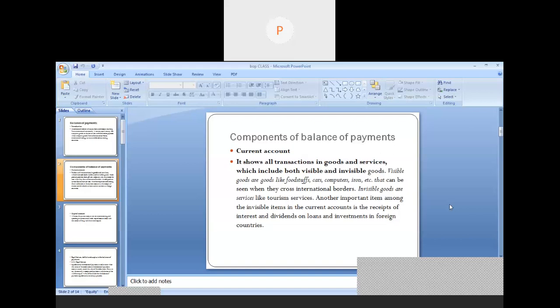And any investment by Indian residents in shares of foreign companies or real estate, such investments to abroad, are recorded on the negative side, I mean the debit side. Simply, if something is going out of the country, that is negative or debit. Something coming into your country is credit or the positive side.